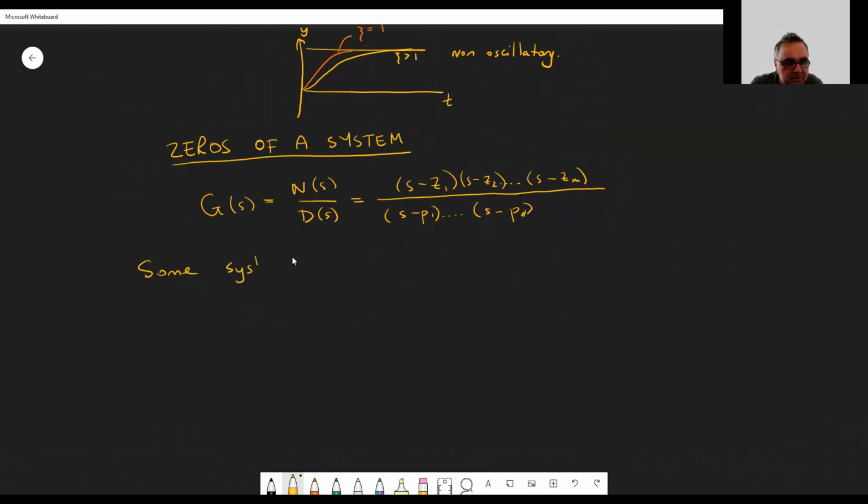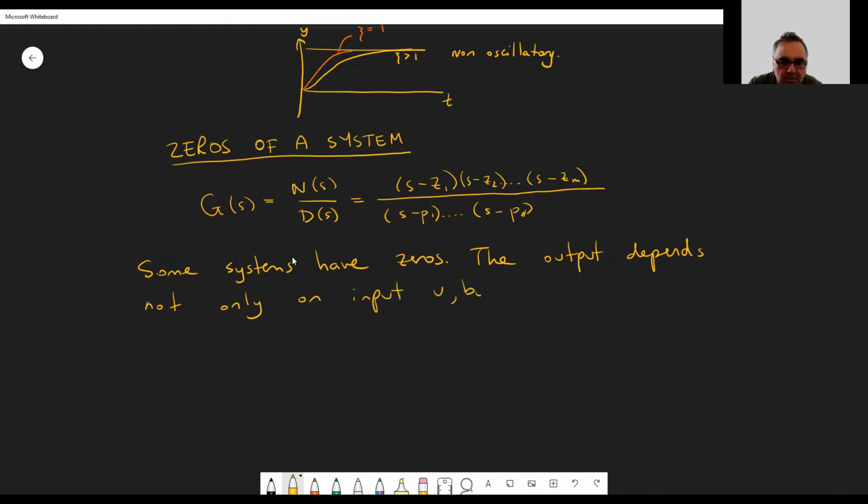Some systems have, let's say, zeros. The output of such systems depends not only on, let's say, input U, but also on its derivatives. Now, what do I mean by this?